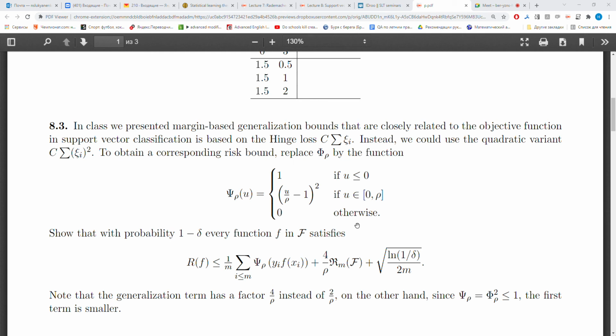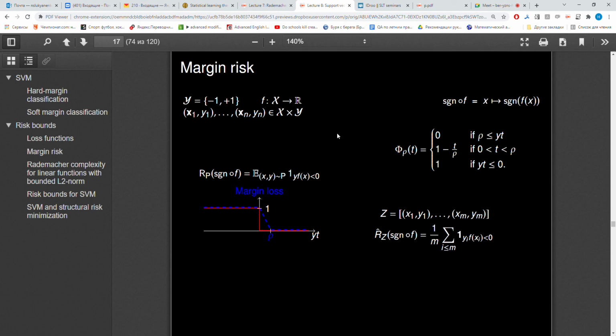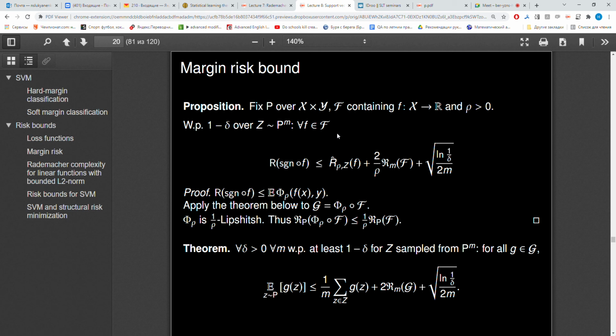And we want to say that they had some bounds for the margin risk, for a simple margin risk. So we find bounds for the margin risk with one inequality.